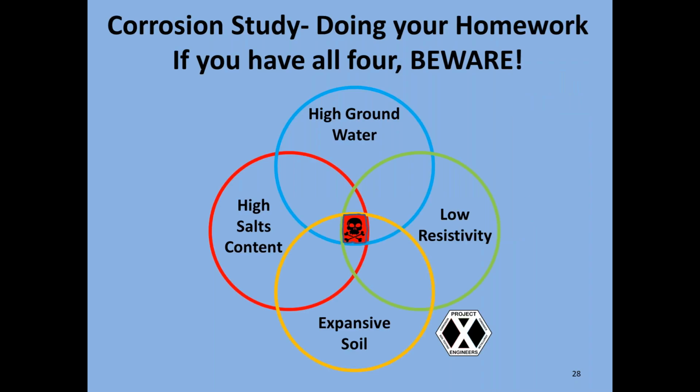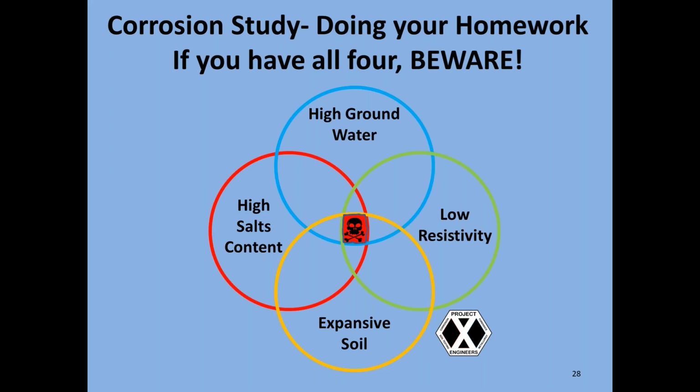Let's see. So one chart that has been useful for some of my clients is this: if you have high groundwater, low soil resistivity, expansive soils, and high salt contents in your site, you are in a lot of trouble. High groundwater, if it's very high, some places have it just 5 feet under finished grade, will act like a splash zone, just like splash zones at the beach, underground.